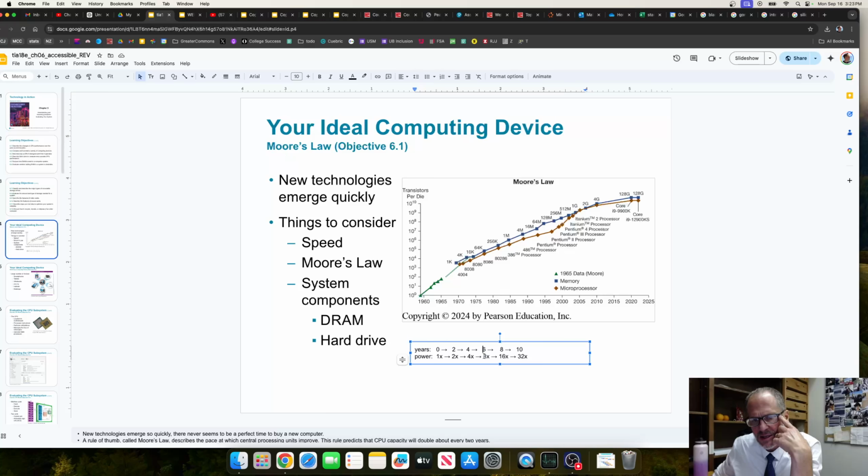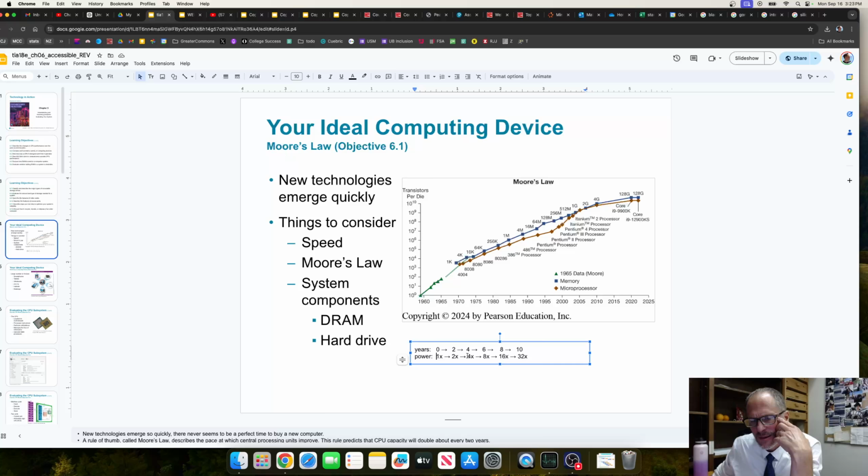So in 6 years, new computers will be 8 times as powerful as the computer you bought 6 years ago. And if you go 8 years, new computers will be 16 times as powerful as the computer that you purchased 8 years ago, right? It'll be 16. And if you go 10 years, right, new computers will be 32 times more powerful than the computer you bought 10 years ago, right? Which can only do 1x.